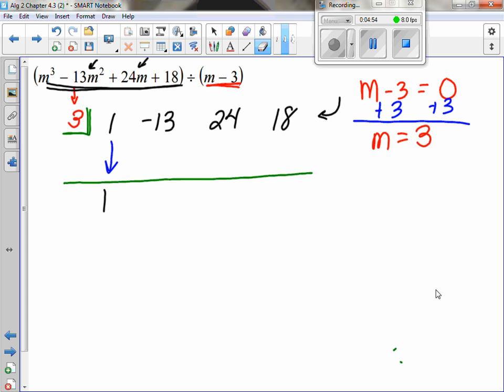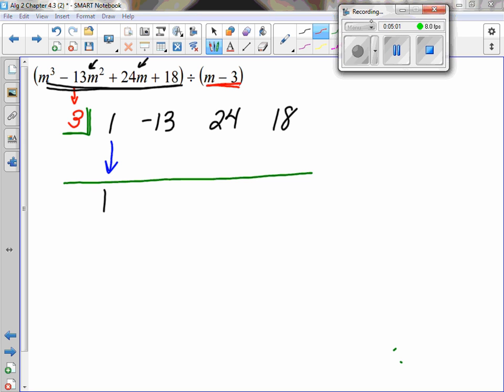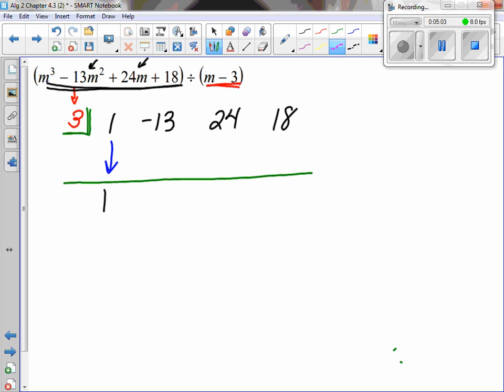Okay. I'm going to erase this for now. Any questions on any of this so far? No? Our next step, we're going to do 3 times 1. What is 3 times 1?